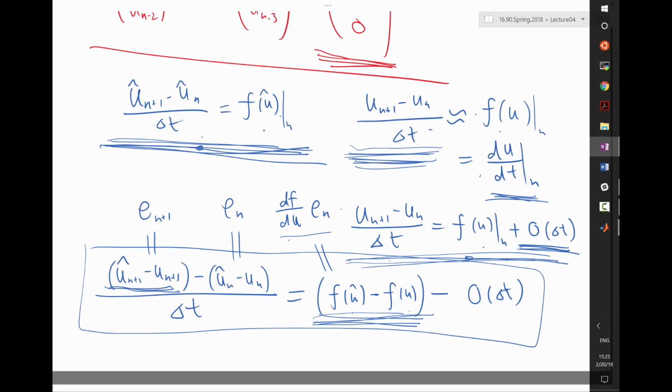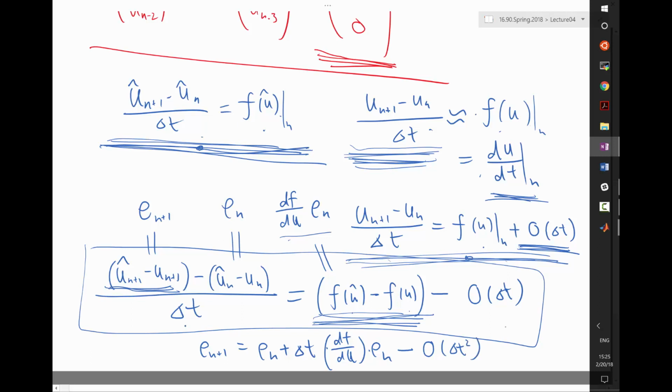Okay, so here what we see is we have derived an evolution formula for the error, which is e^(n+1) would be equal to e^n plus delta t times df/du times e^n, and then also minus O(delta t) times delta t, which is what?